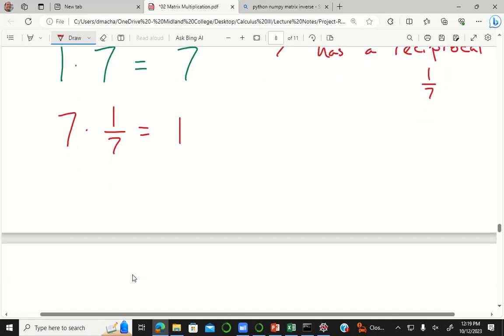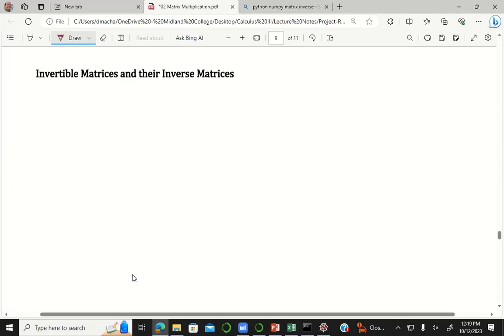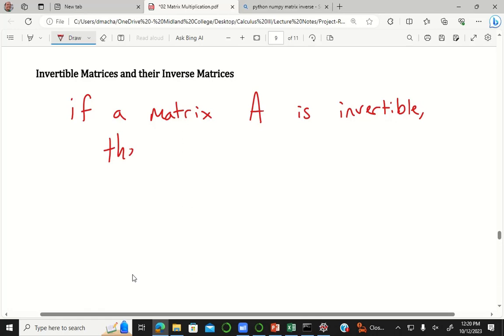Some matrices, not all of them, but some matrices have what are called inverse matrices. And so if a matrix is invertible, then we use a little -1 up there to denote its inverse.